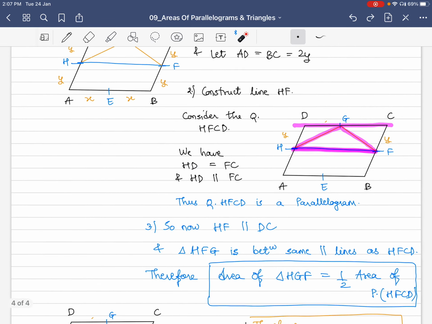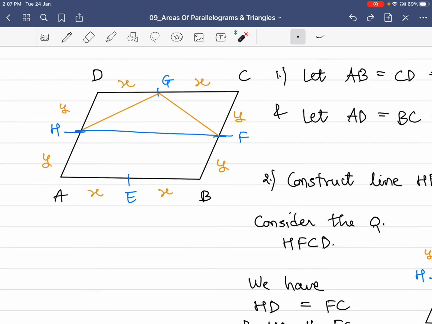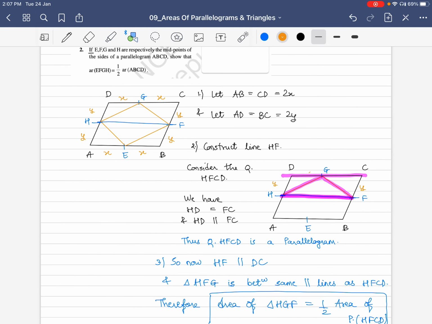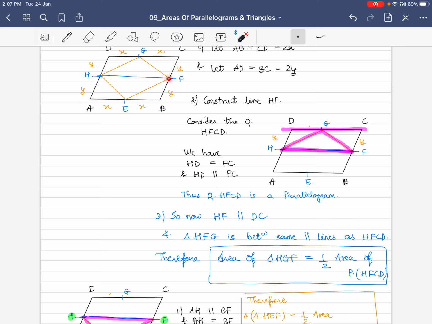So let's come to our original. Now what we can do is construct this line also here. So this is the line and this is the line. Now I'm going to add both these equations. So this is HGF plus HEF, which is equal to this whole quadrilateral HEFG.